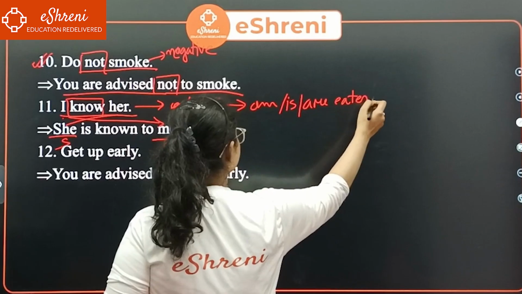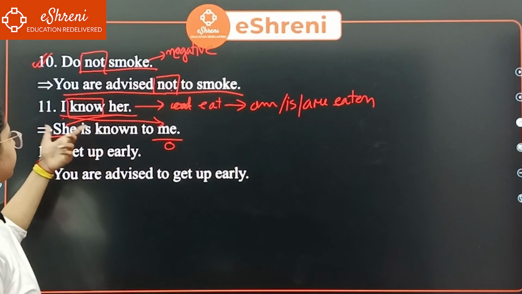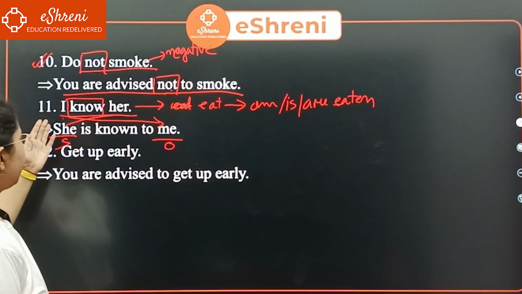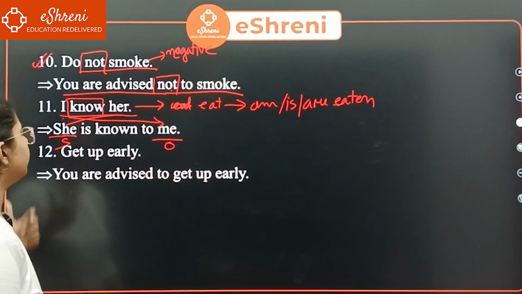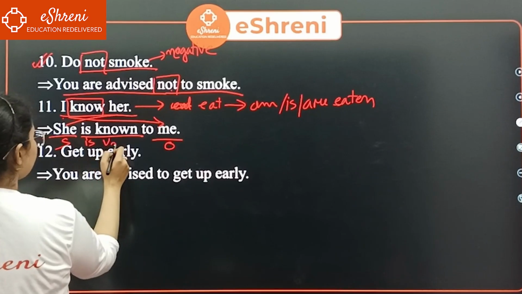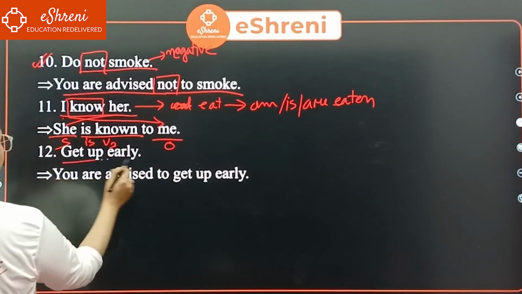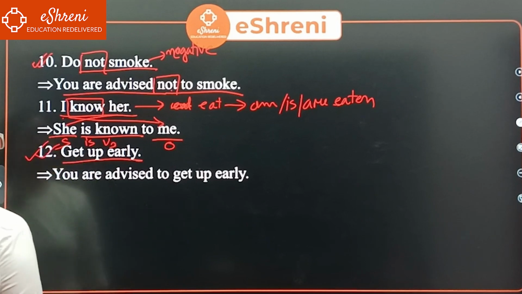Here, since it is she, not am and not are but is will come, so is known. Is with the past participle form of the verb: she is known to me.